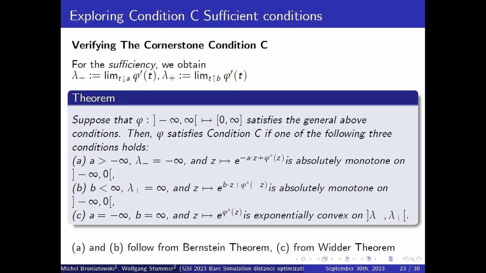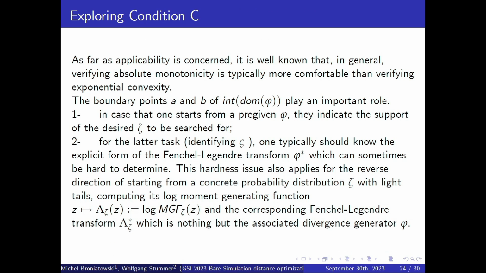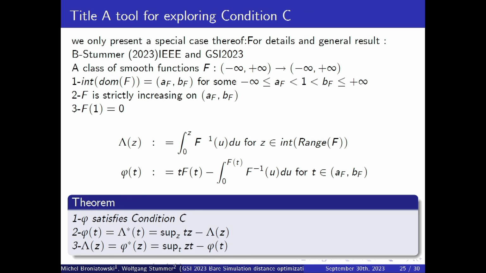So what we have simply defined is a kind of tool which is much easier somehow. It is not obviously a complete solution to this identification problem, but it has very much to do with it. We take a function f, and from it we infer what should be the moment generating function and what should be the divergence. And then we can turn around and play with those three things, starting either from an f function or from a phi divergence.